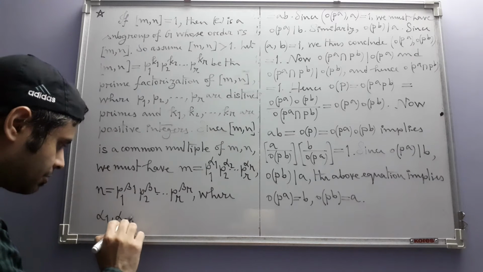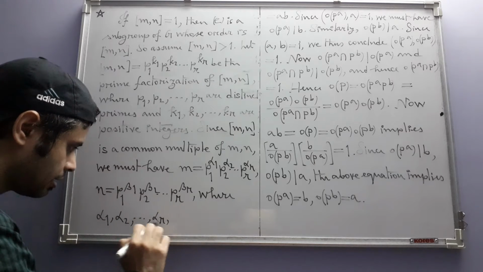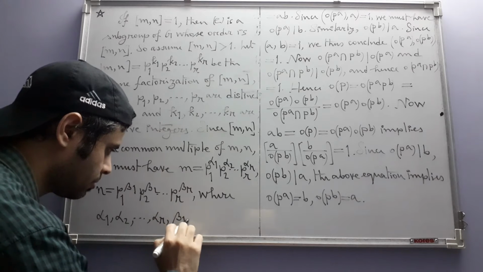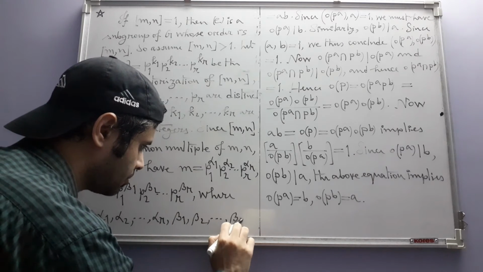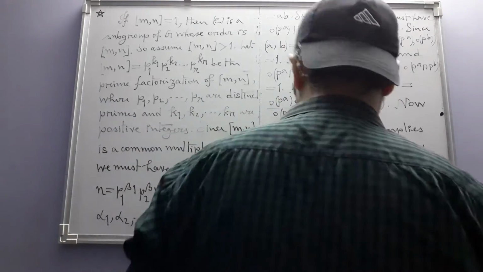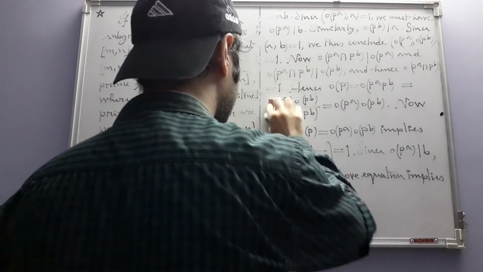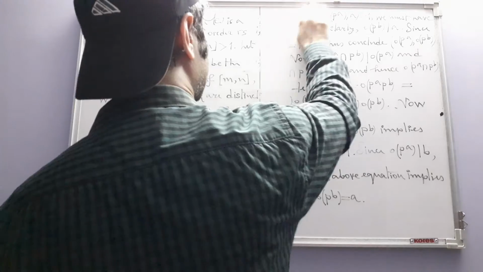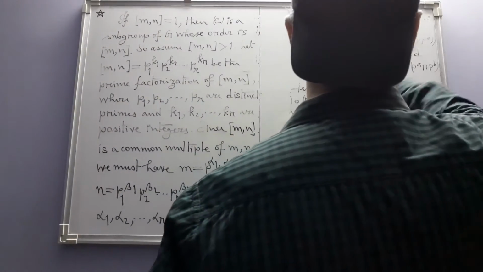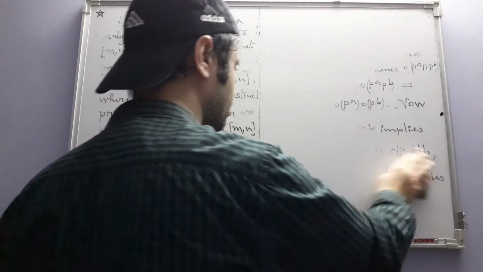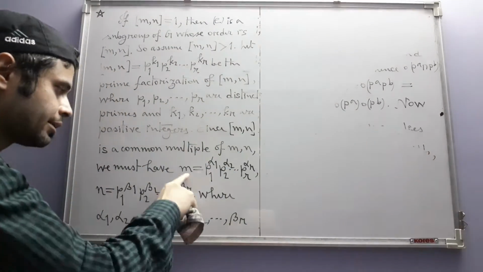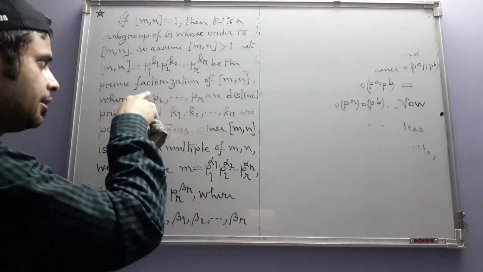alpha 1, alpha 2 up to alpha r, beta 1, beta 2 up to beta r are integers, but not just any integers, they are special types of integers. Integers which will make the LCM of m and n equal to this.